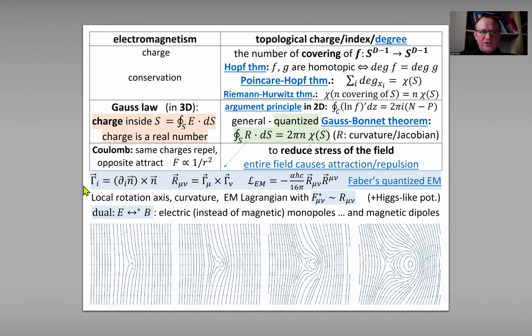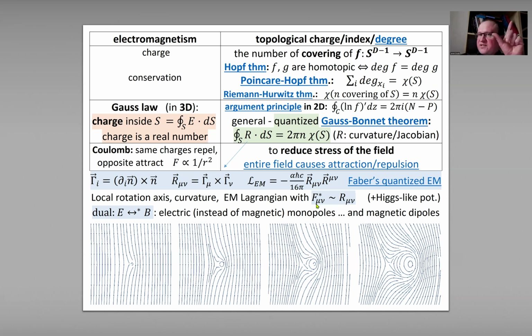We define its connection, so local rotation, as gamma. Then we get the curvature as cross product of two gammas. Then we use the electromagnetic Lagrangian with the standard F tensor as curvature to make the Gauss law count topological charge. However, in fact, the interpretation is that we use dual F as R.